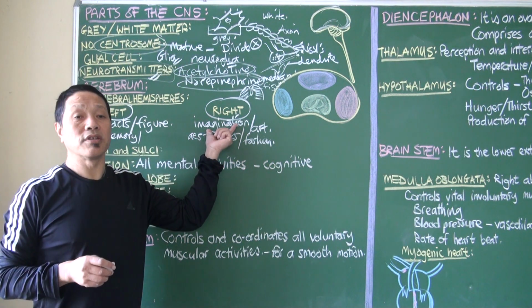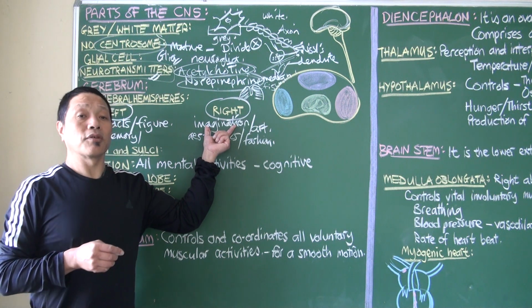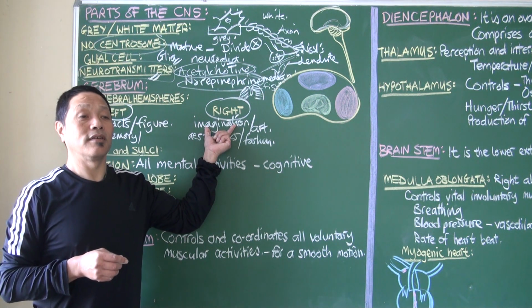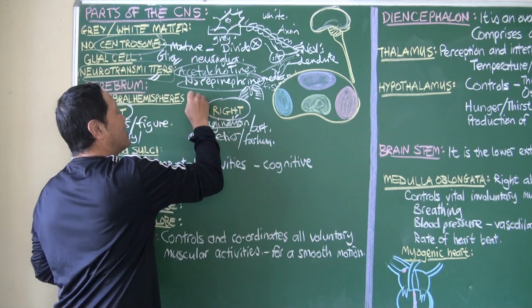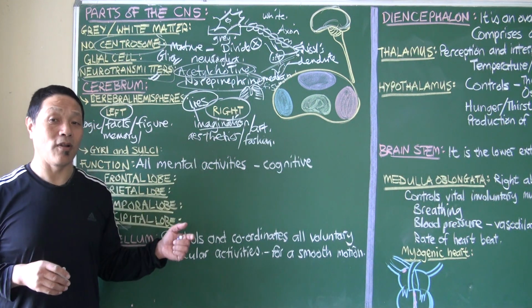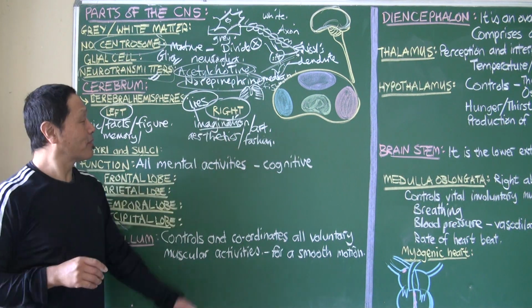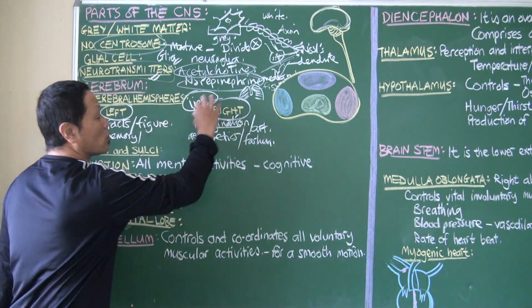When we say imagination, this is thinking of a new story, or you can straight away say you can tell lies, conceive of a story which is not there. But it's the right brain that controls all of this.